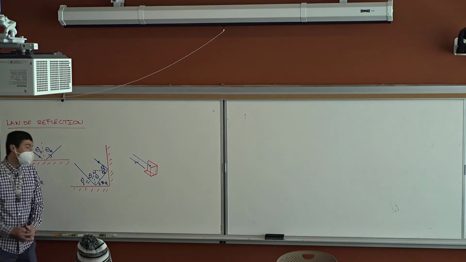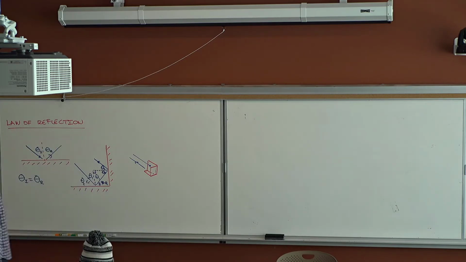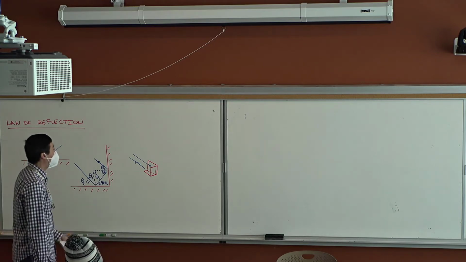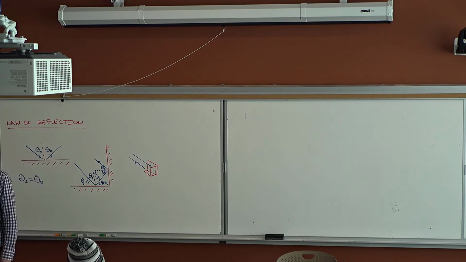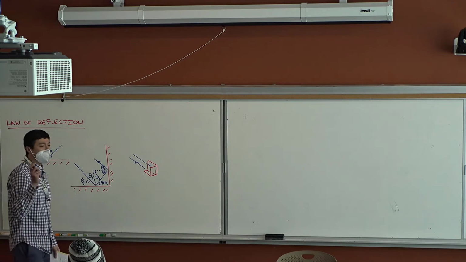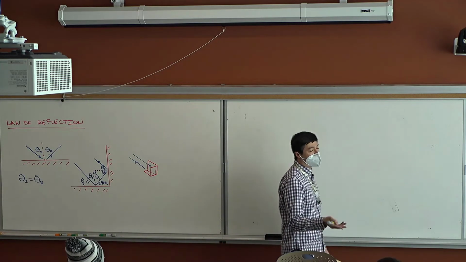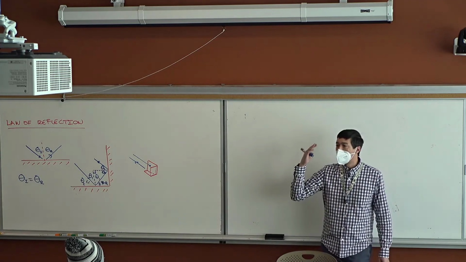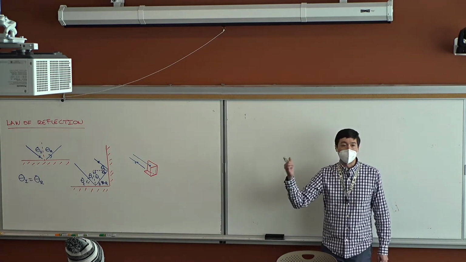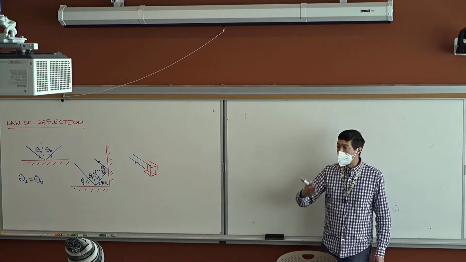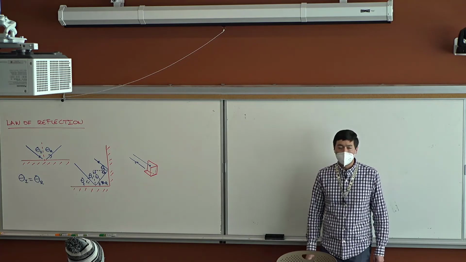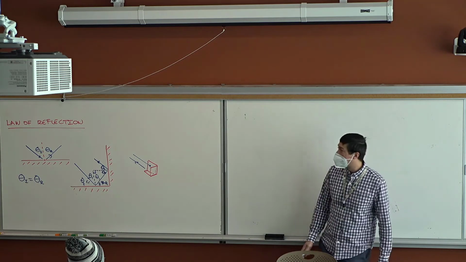I believe in you. All right, then reflection was when light traveling in one medium encounters the boundary of a second medium, and at least some of that light ray is reflected back into the original medium. Now I want to talk about refraction.